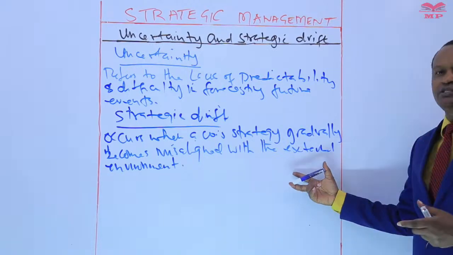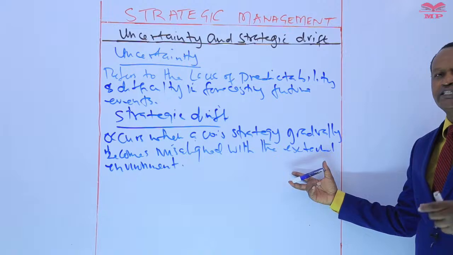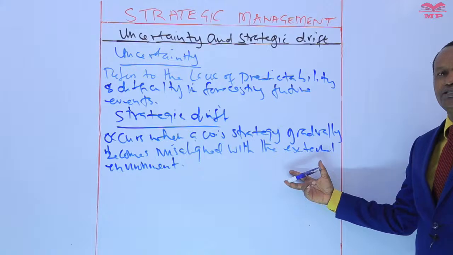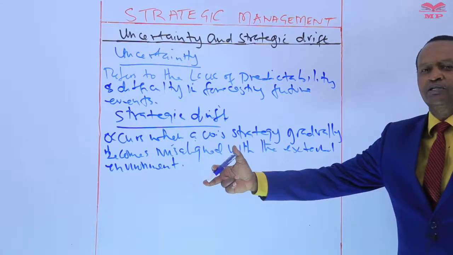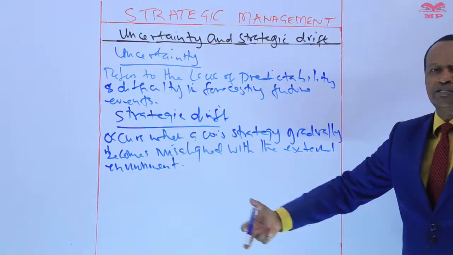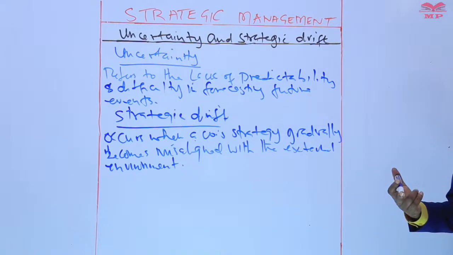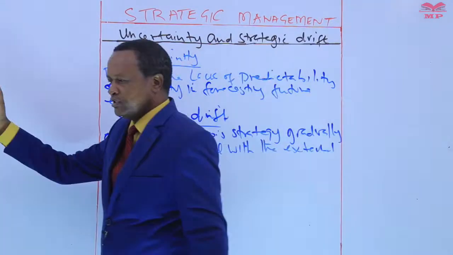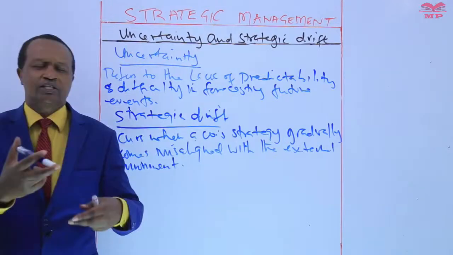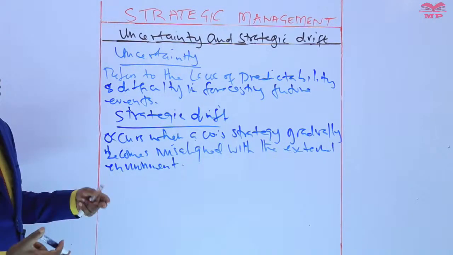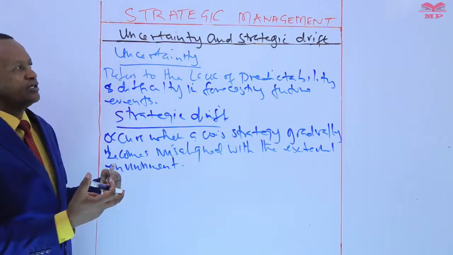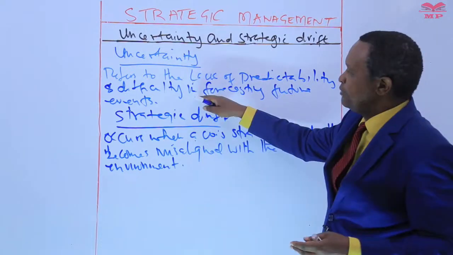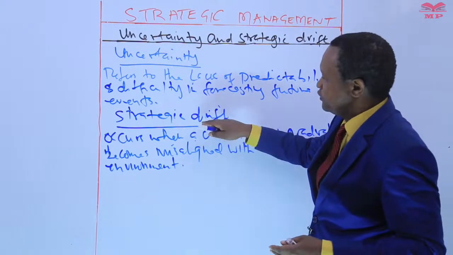Do you understand? It is a slow and subtle process that can happen over time as the organization fails to adapt to changing circumstances. Because changes can be slow. We may have one law this year changing, another year another law changes, but the organization does not adapt. We could have changes in even customer preferences. We've said that uncertainty creates a breeding ground for strategic drift.